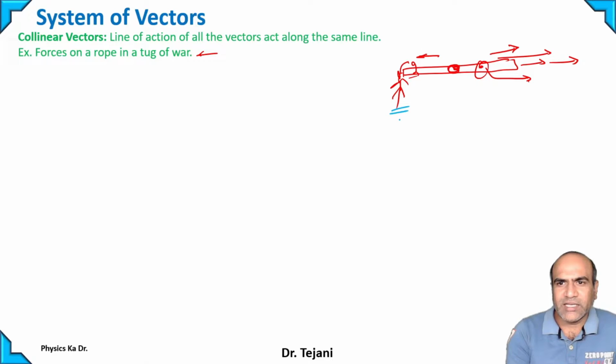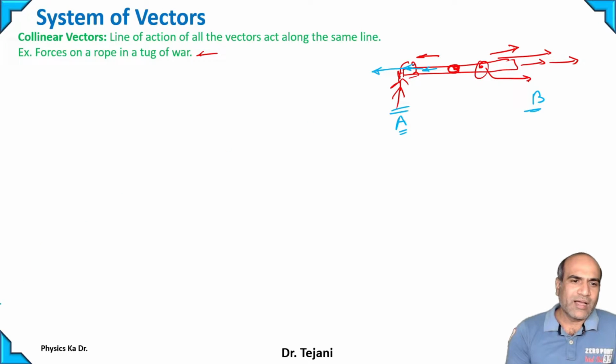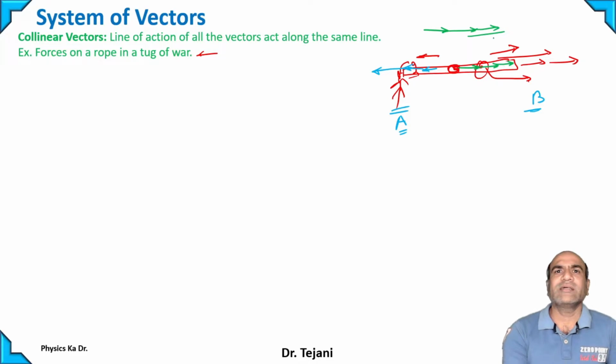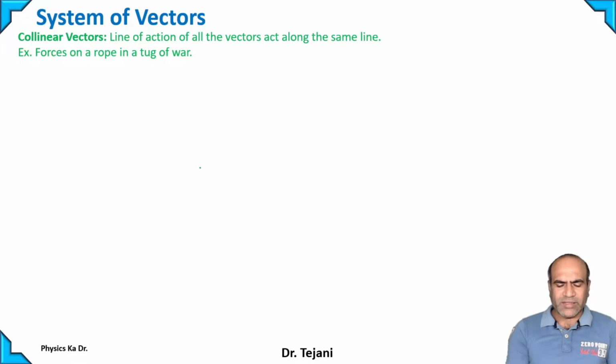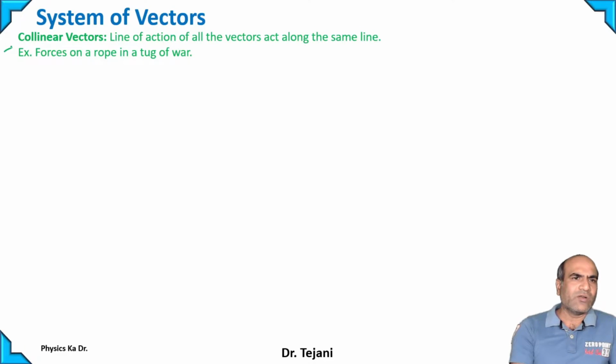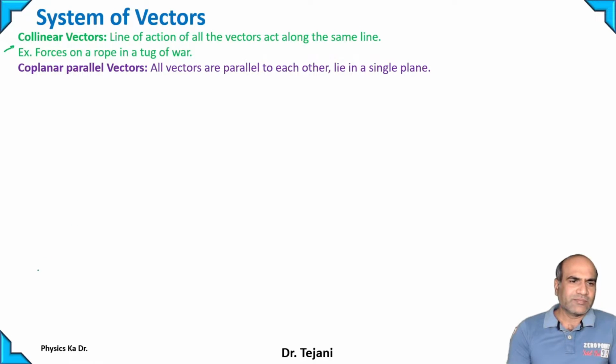So on this side A, all are in the same direction, and the B side has all in the opposite direction. All the lines of action take place in a single line, so that becomes collinear. From the word also we understand, all forces are along a single line.